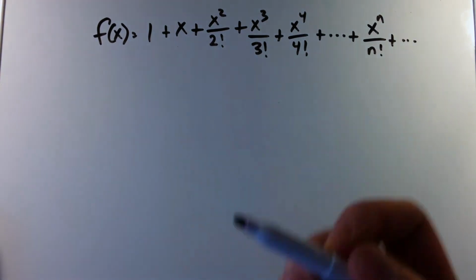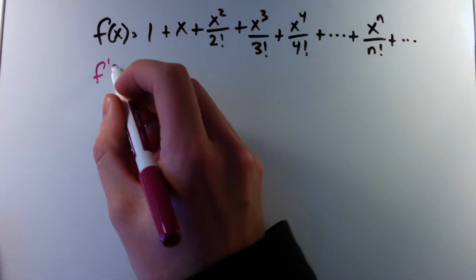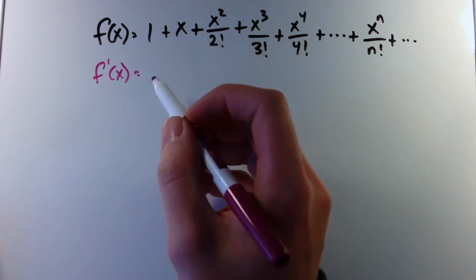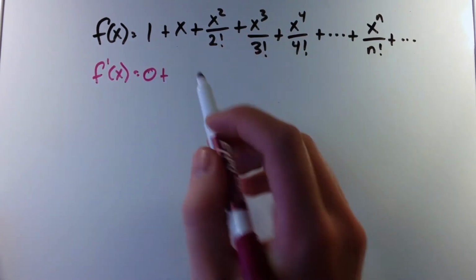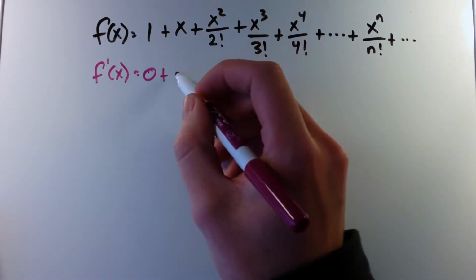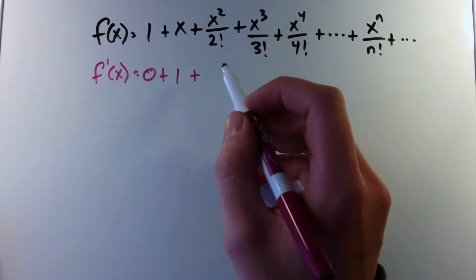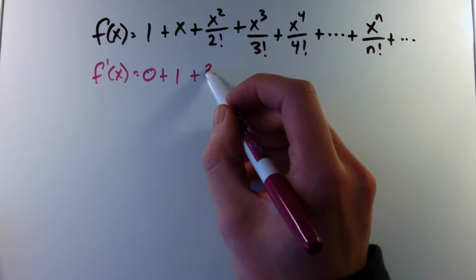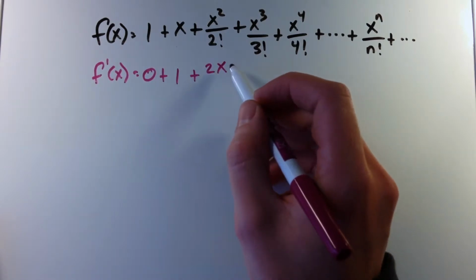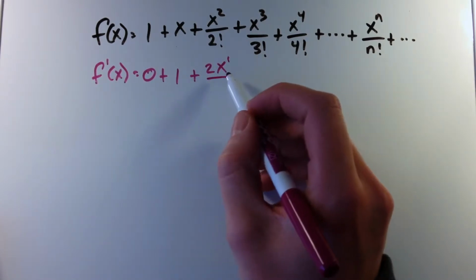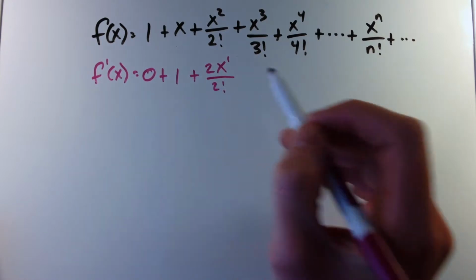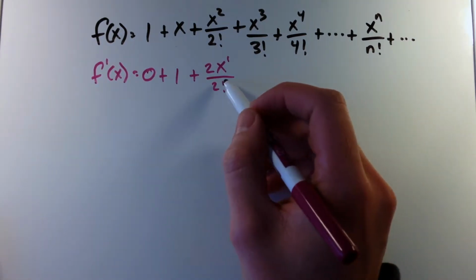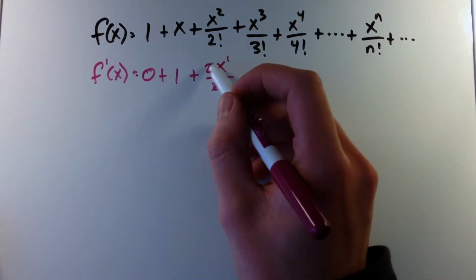What if I derived this function? So I would take f prime of x. Derivative of 1 is just 0. Derivative of x is just 1. X squared over 2 factorial, well, we have 2 times x to the first power now. Underneath, that's just a constant, 2 factorial, which is just 2, and that ends up canceling out.